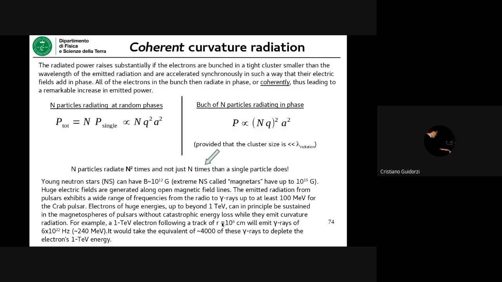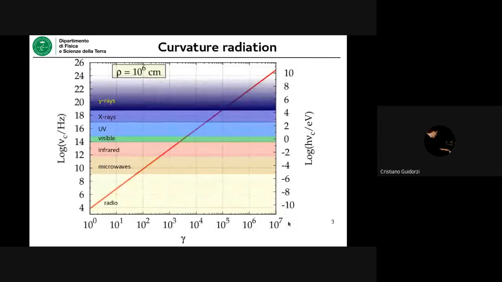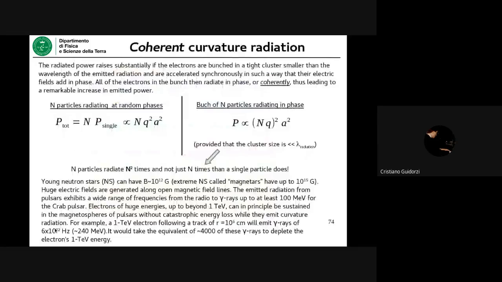If you consider a typical curvature radius of 10^6 centimeters, you can easily calculate the critical frequency of the curvature emission. So the electron has a Lorentz factor here, and you see that indeed you are in the very energetic gamma rays, about 6×10^22 Hertz.